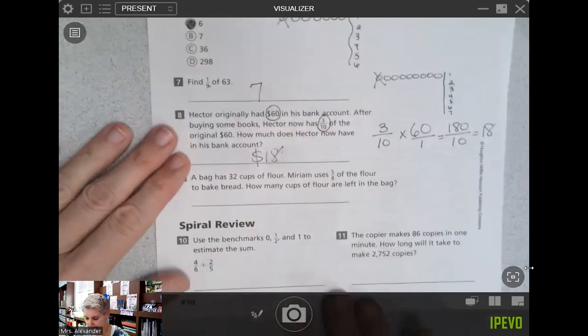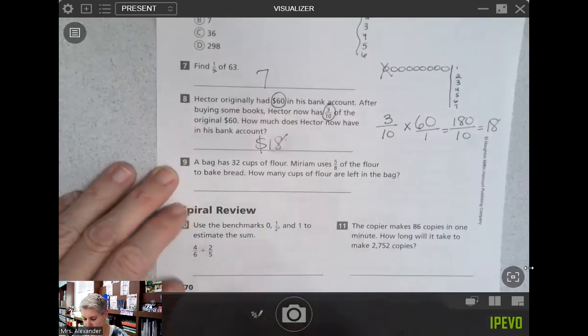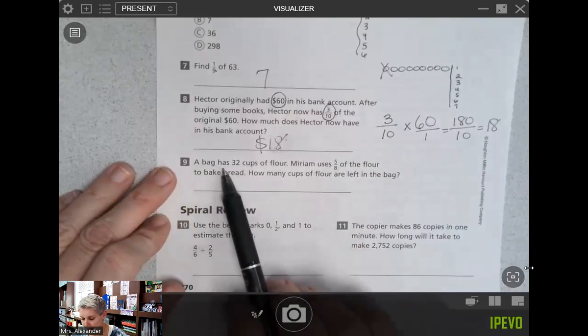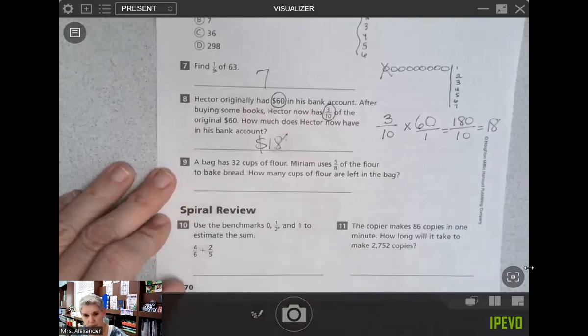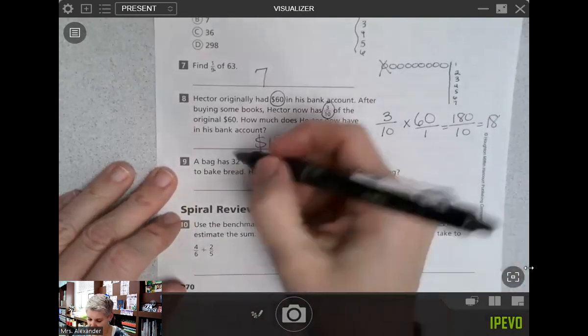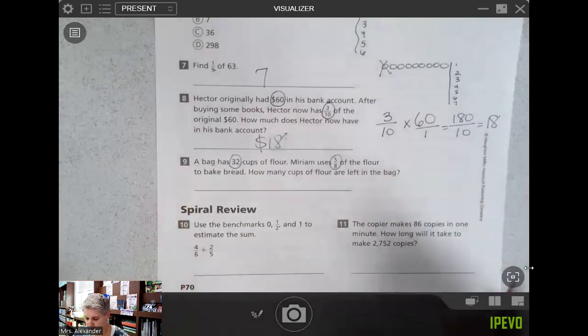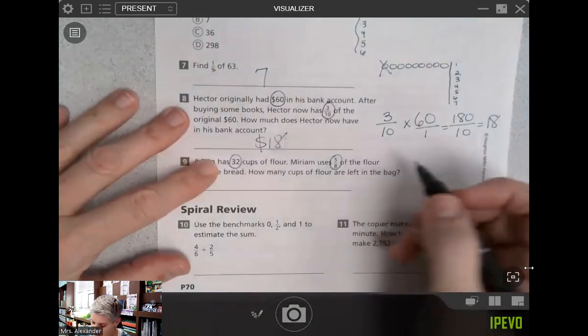All right, and last one here before we review the spiral review. A bag has 32 cups of flour. Miriam uses 5/8 of the flour to bake bread. How many cups of flour are left in the bag? So I'm going to model this one out.